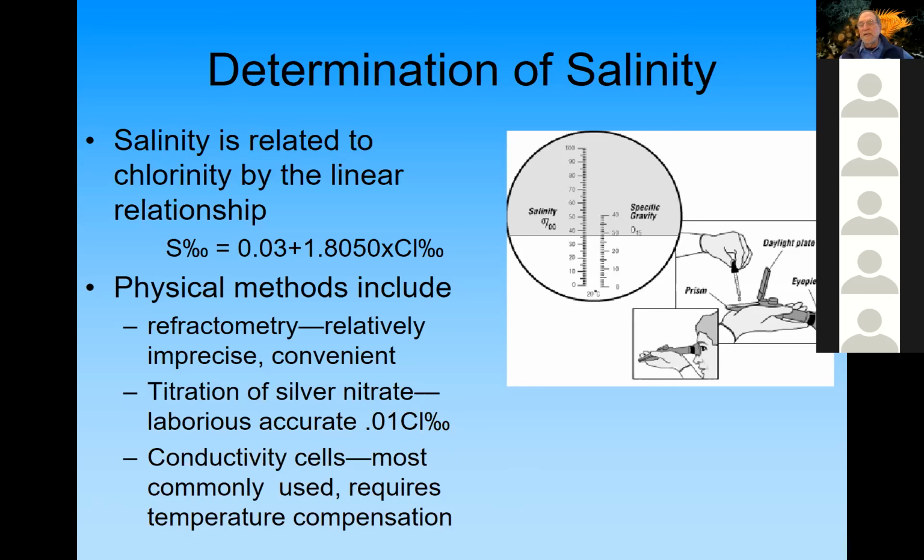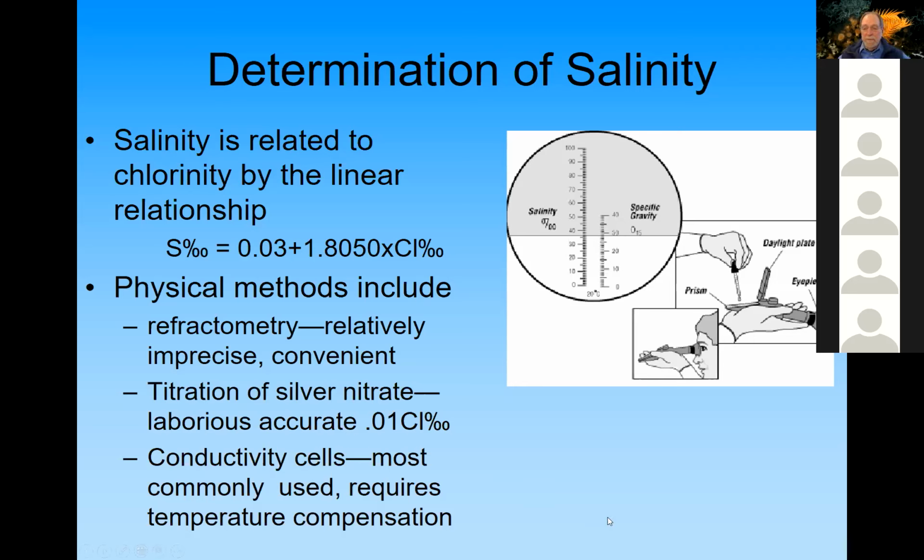Well, nowadays, unless there's some special reason for doing so, salinity is determined in terms of the conductivity, so the tendency of water to conduct electricity. Fresh water really doesn't conduct electricity very well, but as you add salt to the water, it becomes more conductive.